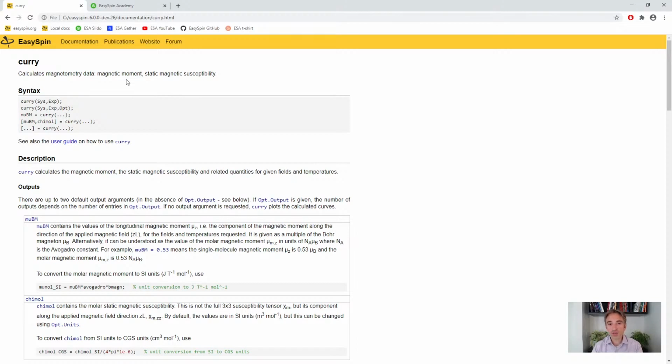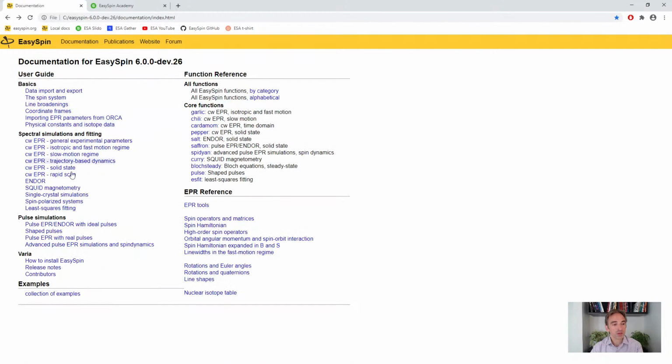So the function reference is good, whereas the user guide, which is here on the left, SQUID magnetometry, still needs some work. It still partially reflects the old version of Curry. But if you just wait a few more weeks, we will have updated and polished documentation for Curry out.